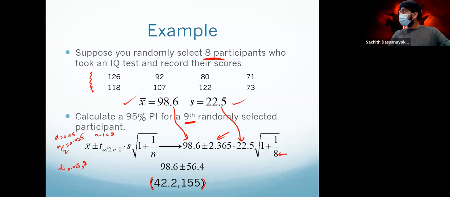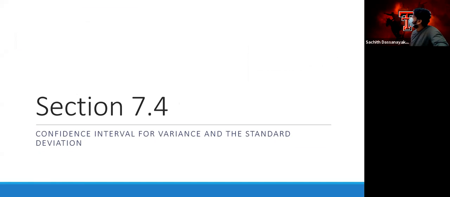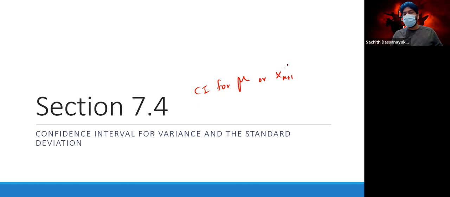Any questions? This is the last section in chapter 7. Still we were talking about confidence interval for mu, or in the last slide you saw for x_{n+1}, a new observation.